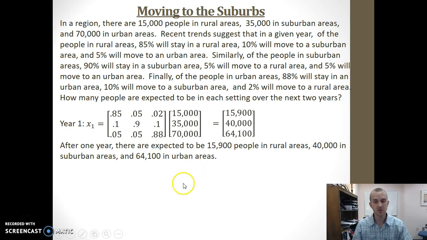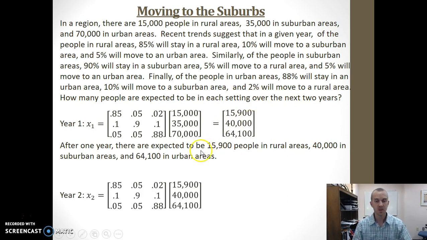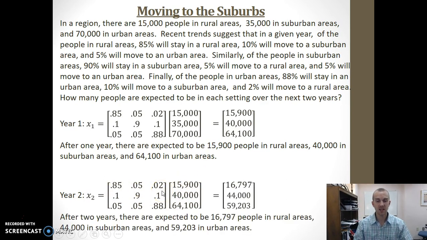Now to get year 2, we keep our stochastic matrix and we multiply it by our first state, because that's the previous state now. So x2 is dependent upon x1. We multiply this through, and we get that there's about 16,797 people in rural areas, 44,000 in the suburban areas, and about 59,203 in the urban areas after 2 years.